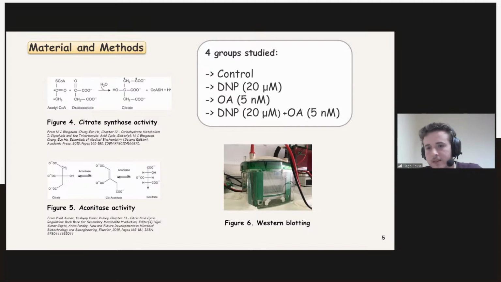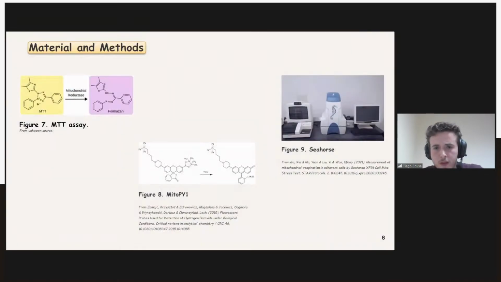Aconitase is a mitochondrial enzyme sensitive to oxidative stress, and it's really important to have a marker for oxidative damage. We also used Western blot to evaluate some proteins that I will talk about later.